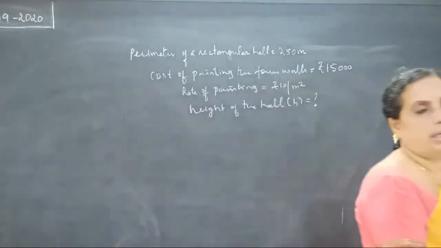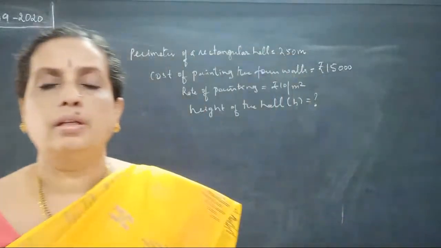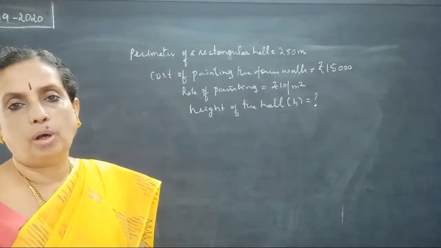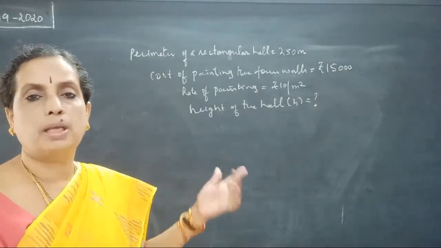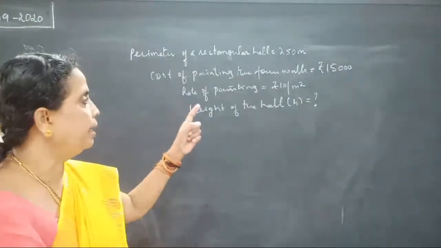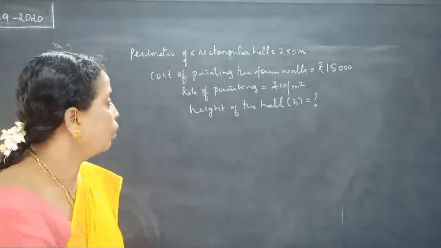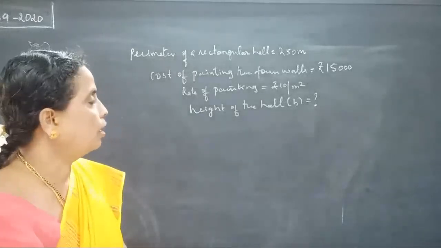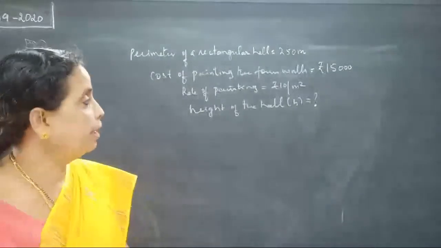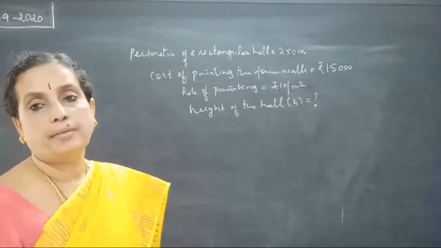So from the statement we have taken what and all given. They are given perimeter of the hall, 2 into L plus B is given. And total cost of painting is given, total cost is 15,000, and the rate of painting is 10.